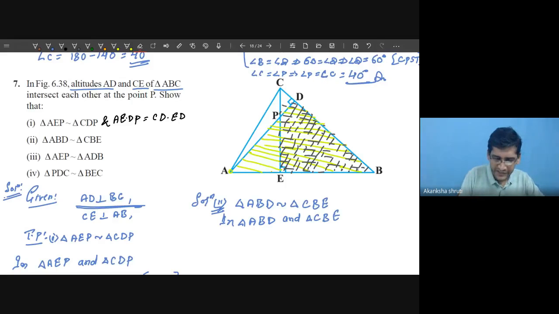For your better understanding, I have just cleared it. So student, one is the yellow one. In this triangle ABD, we are observing that angle ADB is 90 degrees.